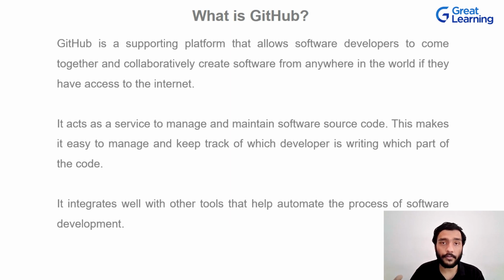But one thing before we talk about what is a repository. GitHub is a really useful tool because once you store your code on it, you're basically able to connect your GitHub to other tools to automate the whole software development process.